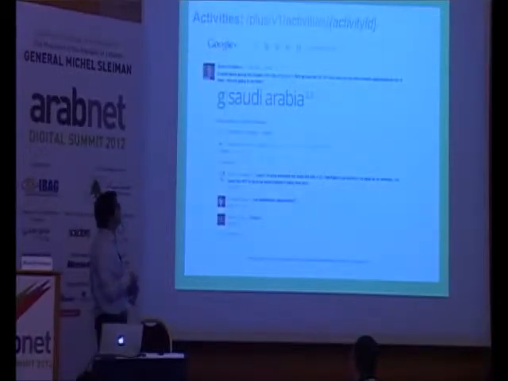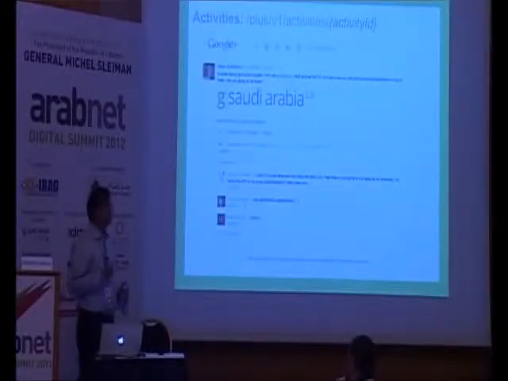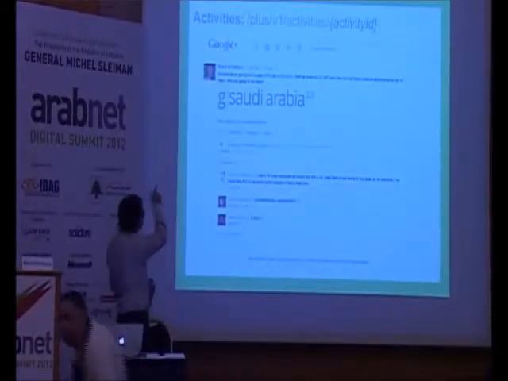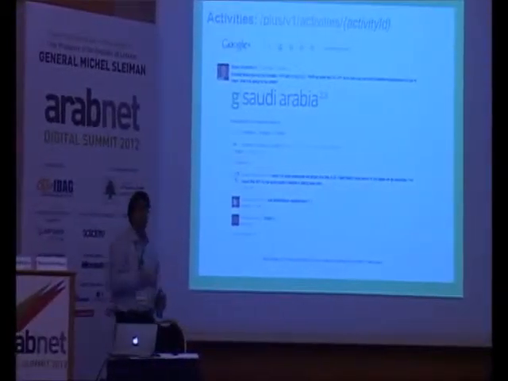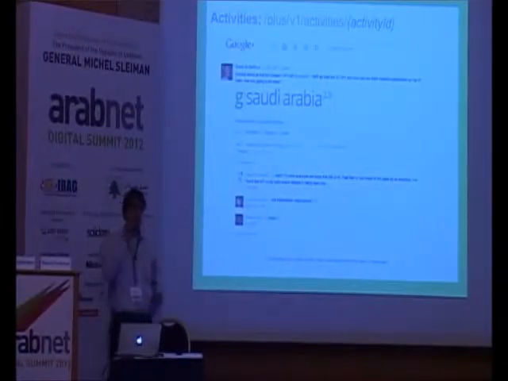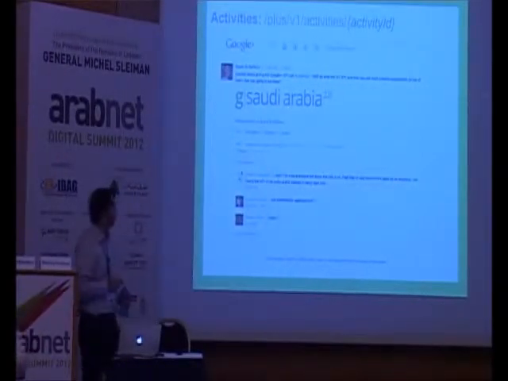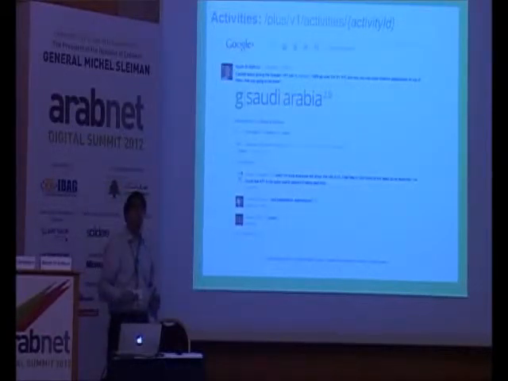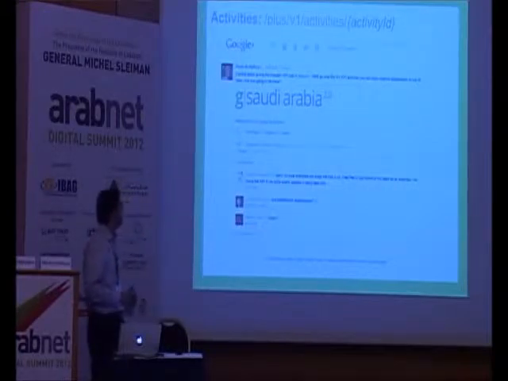You can also get a list of activities by an activity ID, very similarly, by showing plus/v1/activities, and you specify the activity ID. And the activity ID is also in the URL. Again, you can get the activity ID by doing a list of activities on a certain user and getting all the IDs for those activities.